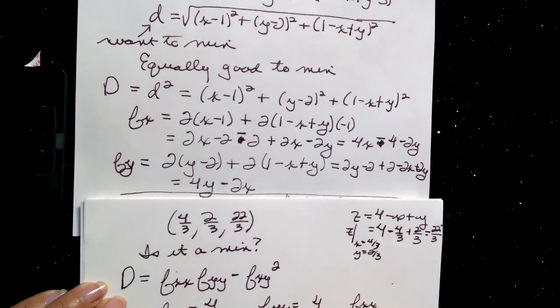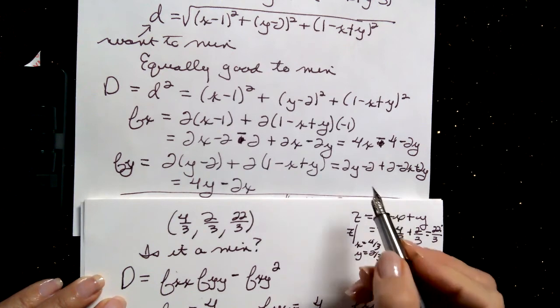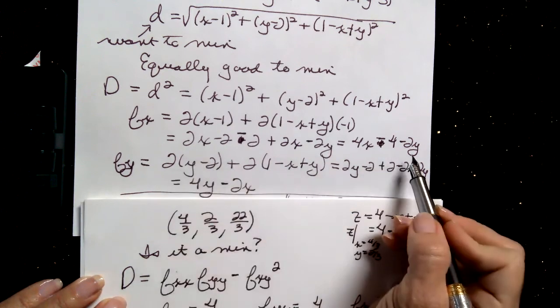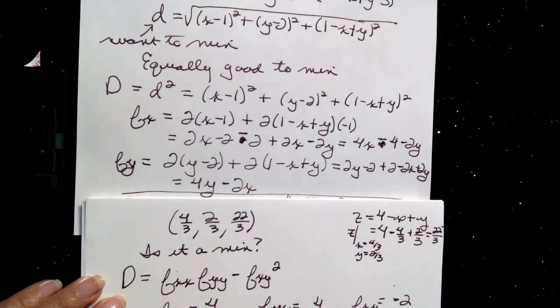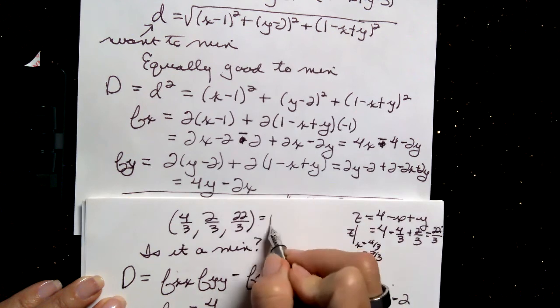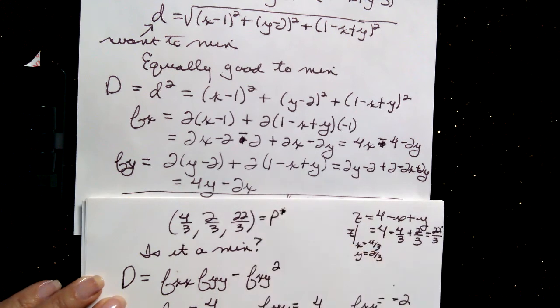And fxy, or you could just as well do fyx, but fxy is going to be minus 2. And so now when you look at this at the point, let's call this one P star. So D evaluated at the point P star, then is going to be 4 times 4 is 16 minus 2 squared.